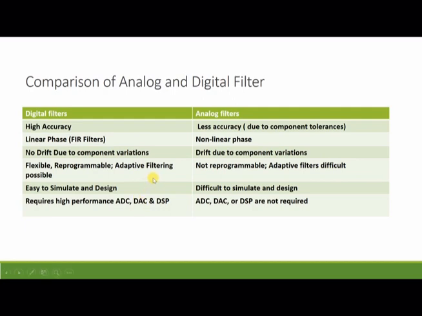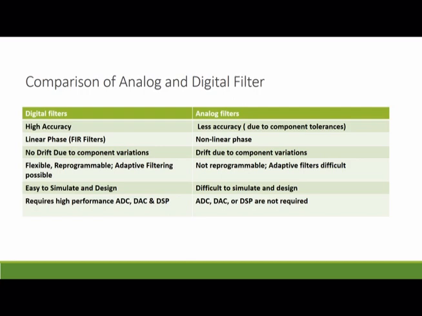Adaptive filtering is one of the biggest advantages on the part of digital filters, which is not possible in analog filters, where adaptive means adapting with respect to the changes in the environment and also due to the time variance.